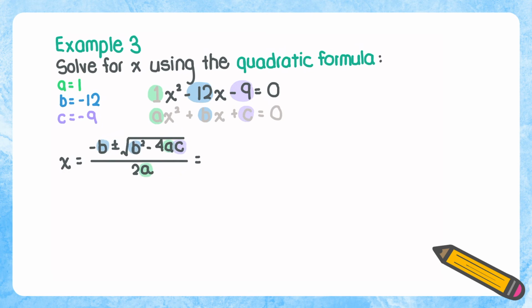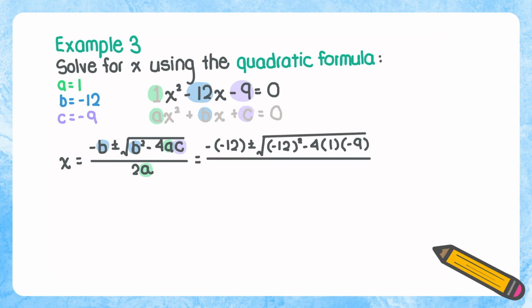So we're going to have that x equals negative 12, so double negative, plus or minus the square root of negative 12 squared minus 4 times 1 times negative 9. And then in the denominator, we have 2 times 1.